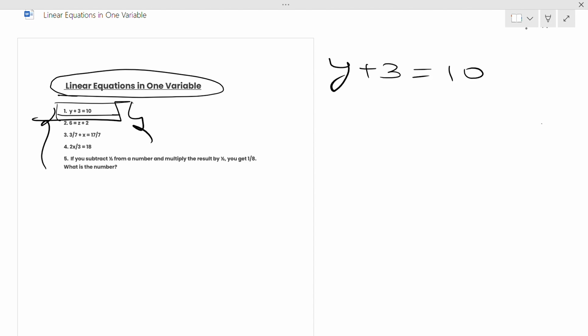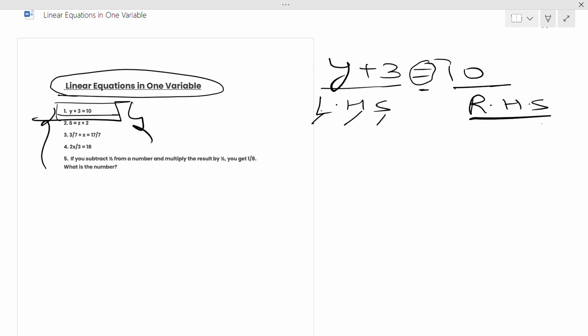Alright, before diving into this equation, we need to understand a few things. Before this symbol, we will call it LHS, meaning left hand side, and after this symbol we will call it RHS, meaning right hand side.